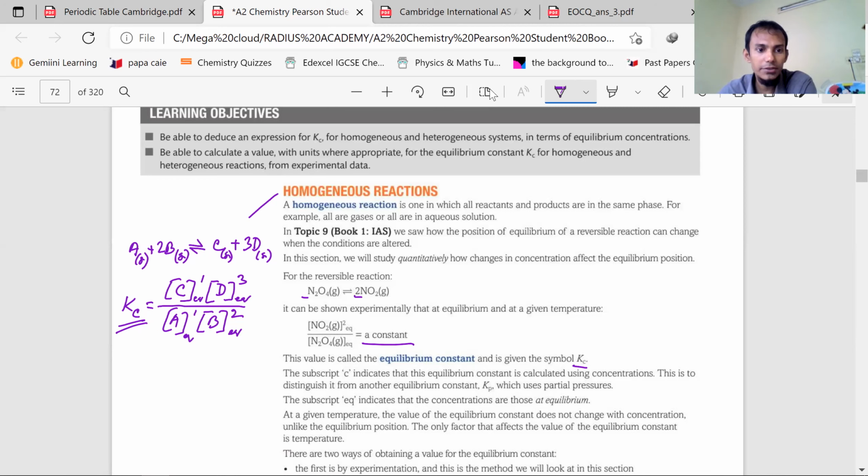If you take the concentration of C at equilibrium to its number of moles as its power, and measure all the concentrations this way, you will always get a constant value, and the constant will not change unless you change factors like temperature. So do you understand this?